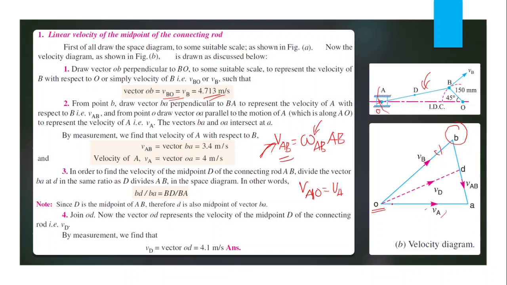Then this line and the previous line intersect at point A. We can say that the length AB is the velocity of A with respect to B, and the vector OA, small letter oa, is the velocity of A with respect to O. We can measure this value, and that will be 4 meter per second, and VAB is equal to 3.4 meter per second.